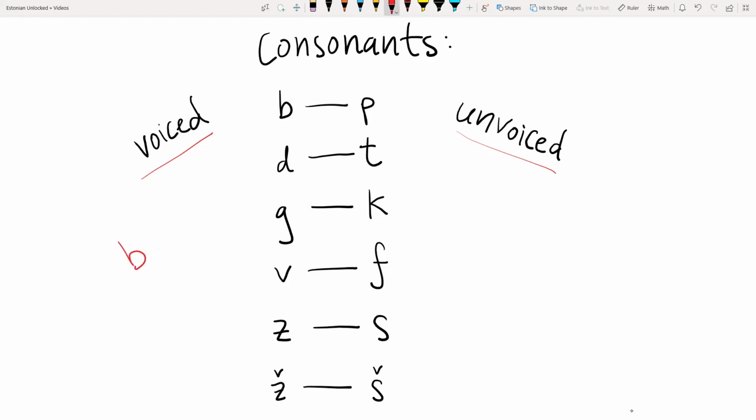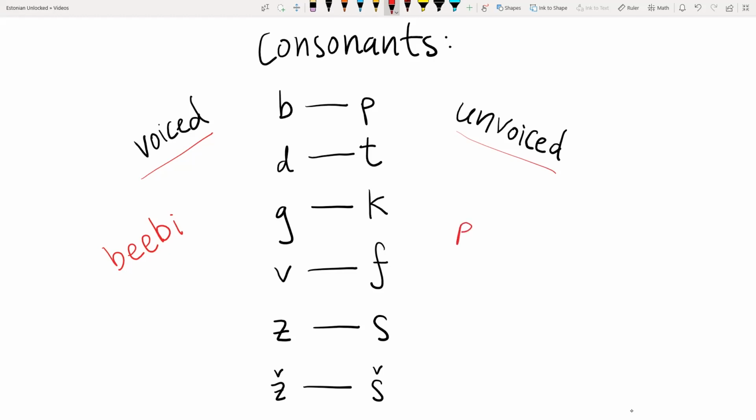When we say B in English, as in boy, it is voiced, boy. When we say P in English, it is unvoiced, as in put. P is unvoiced. In Estonian, it's the same thing. If we say baby in Estonian for baby, the B is voiced.